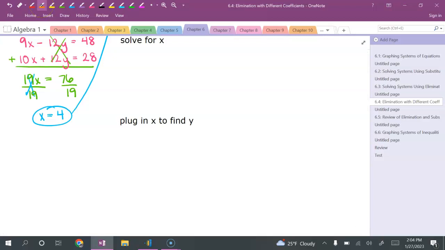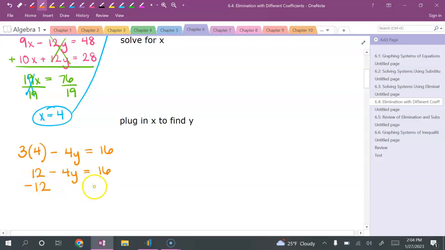So now I'm going to write 3 and then put that 4 in for the x minus 4y equals 16. So then I have 12 minus 4y equals 16.